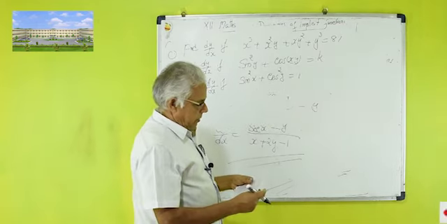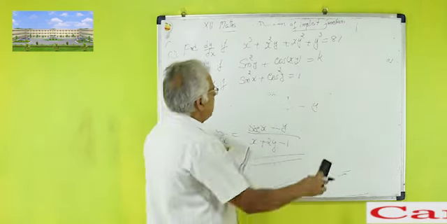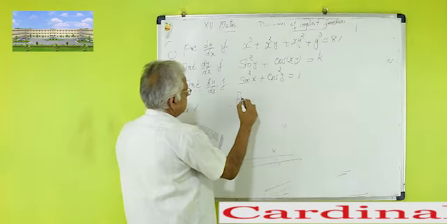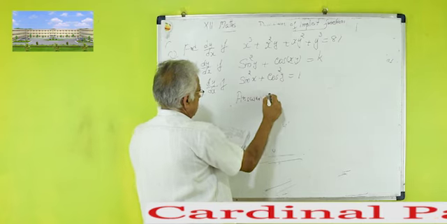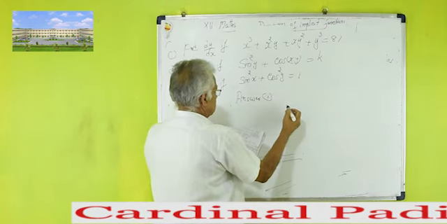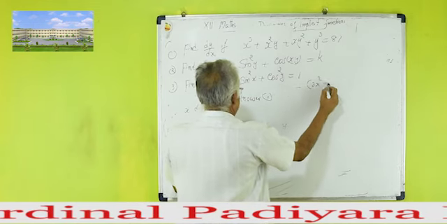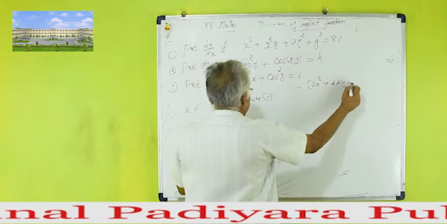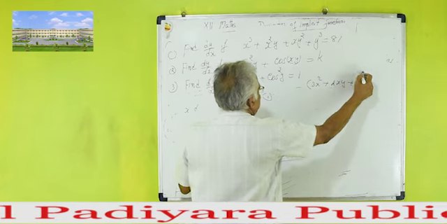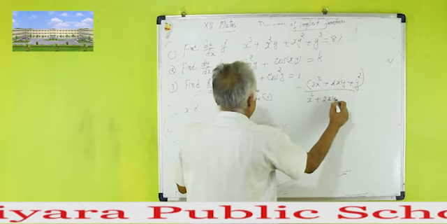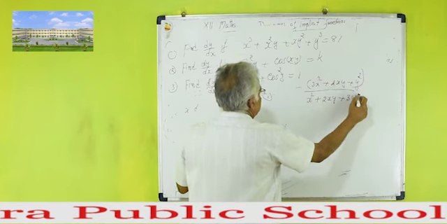So, first question answer: minus of (3x² plus 2xy plus y²) by (x² plus 2xy plus 3y²).